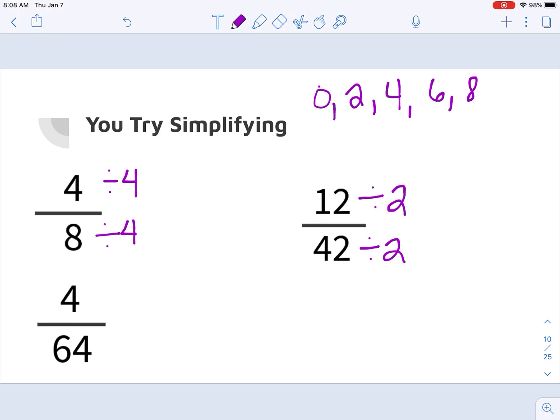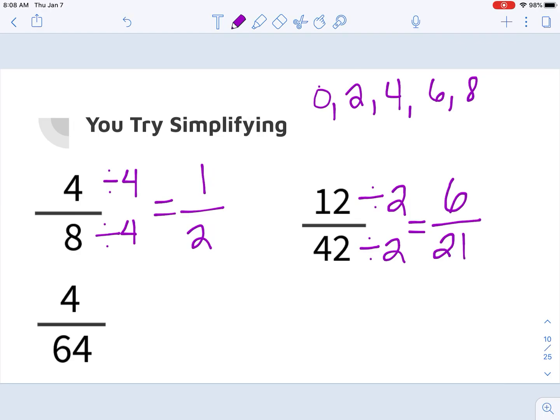And I just realized that I forgot to do the first one, so let's finish up that one. So 4 divided by 4 is 1, and 8 divided by 4 is 2. So that's the same thing as 1/2. All right, so in this one that we're working on, we're dividing by 2 and dividing by 2. 12 cut in half would be 6, and 42 cut in half would be 21.